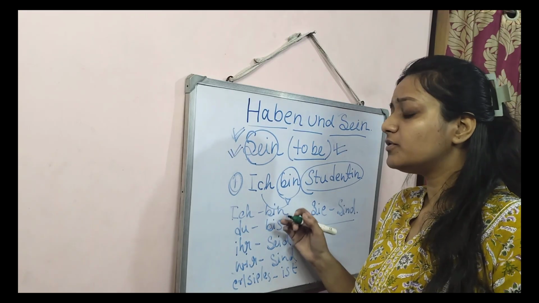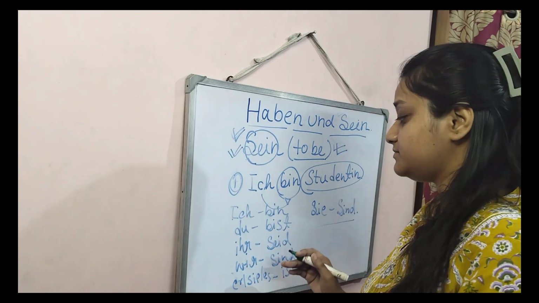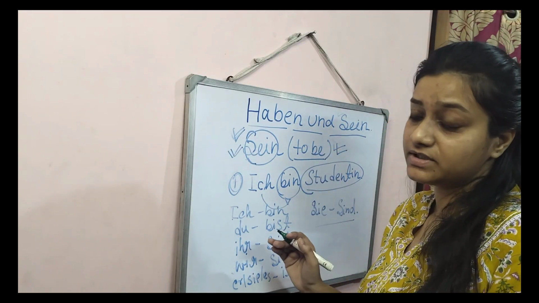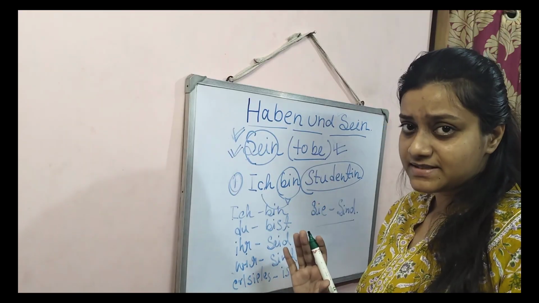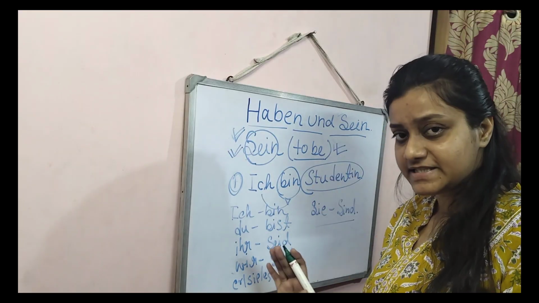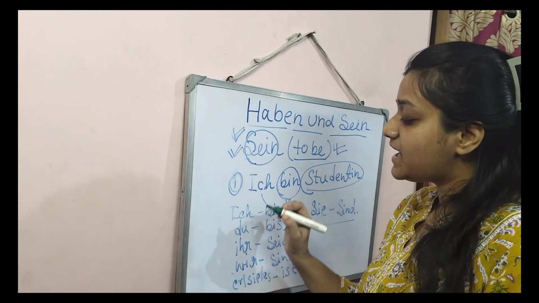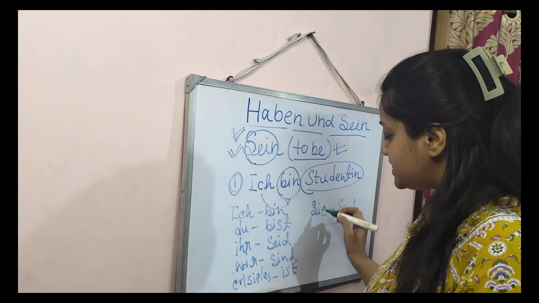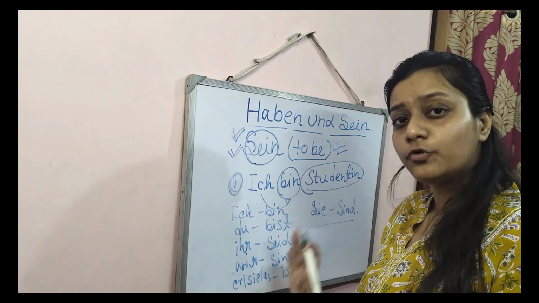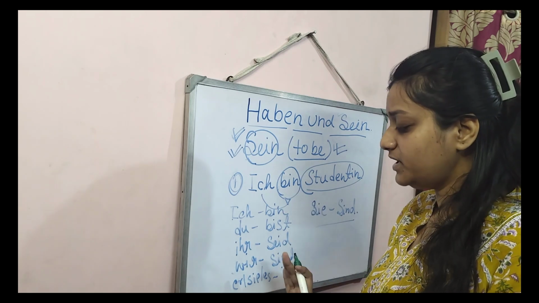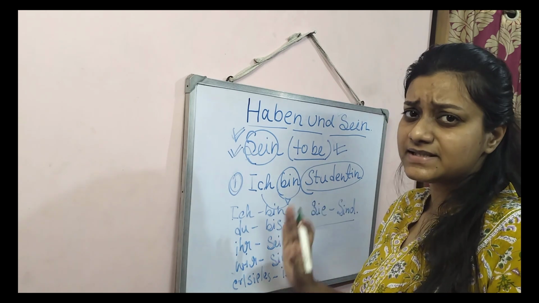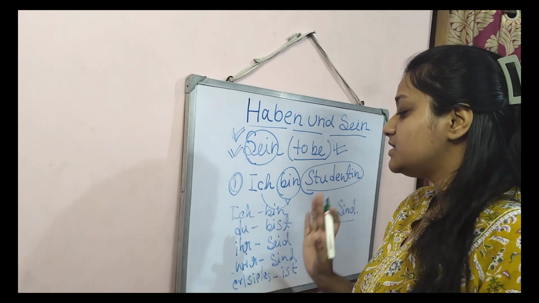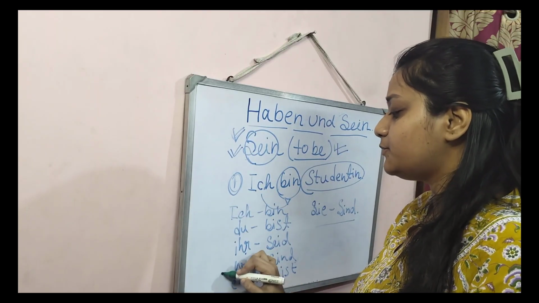So why is the format as follows? Because of the conjugation. The conjugation means the verb changes according to the subject. And ich, du, ihr, wir, er, sie, es and sie, these are the Pronomen, or in a sentence these are the subjects.